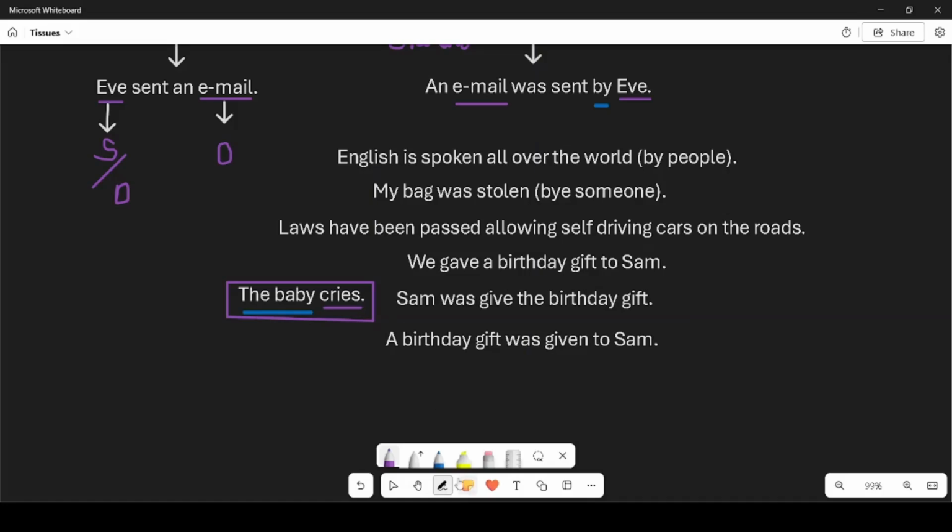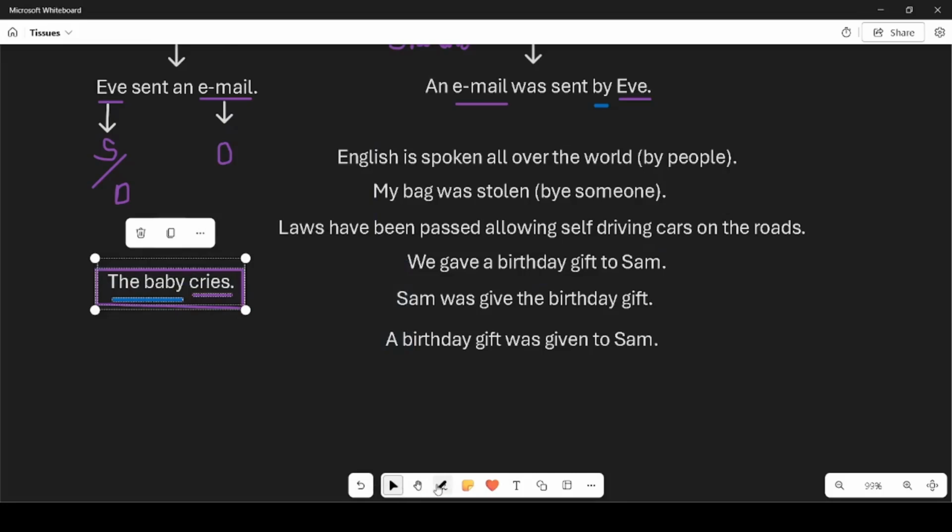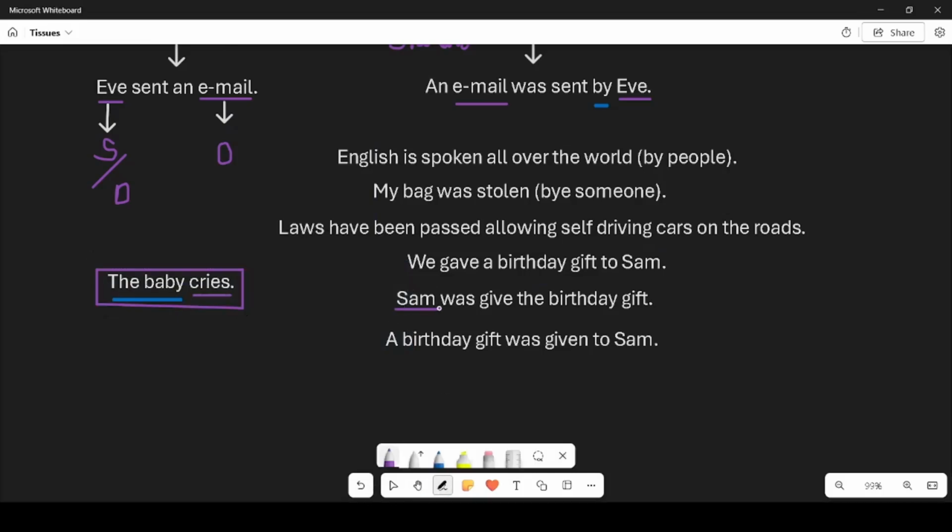In the first passive voice sentence, we are highlighting Sam. But in the second passive voice sentence, we are highlighting a birthday gift. So it all depends on what we want the subject to be and what we want to highlight. If you want to highlight Sam, we put Sam in the beginning.